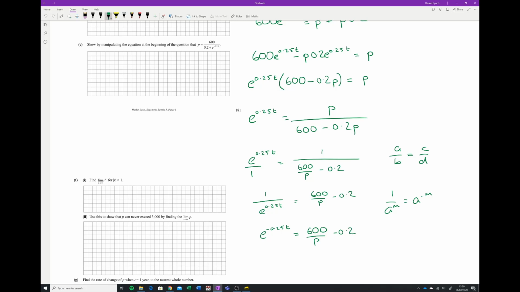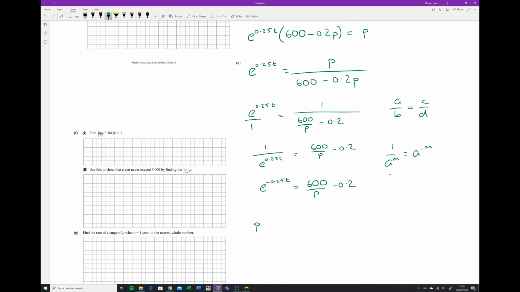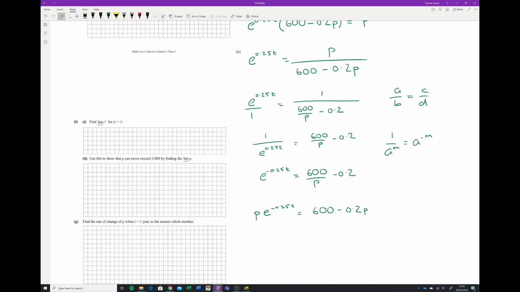So what we really want to do here is multiply everything by p because it's meant to be p equals. So we have p times e to the minus 0.25t is equal to 600, and we have minus 0.2 p's here. If you do find that you have 2 p's and you want to only have one of them, bring them all to the one side and factorize.